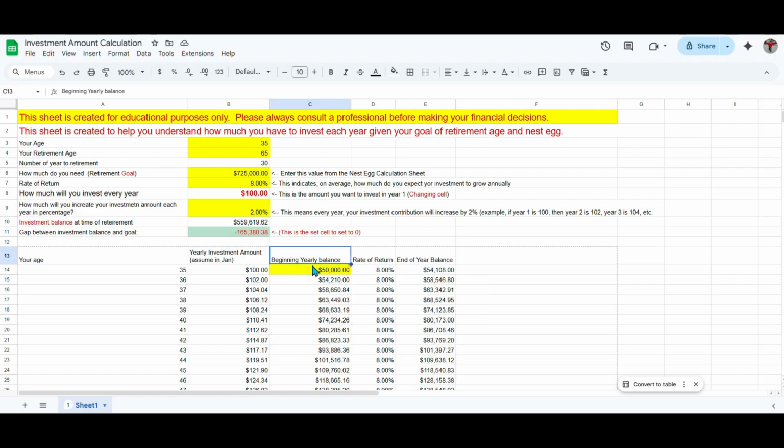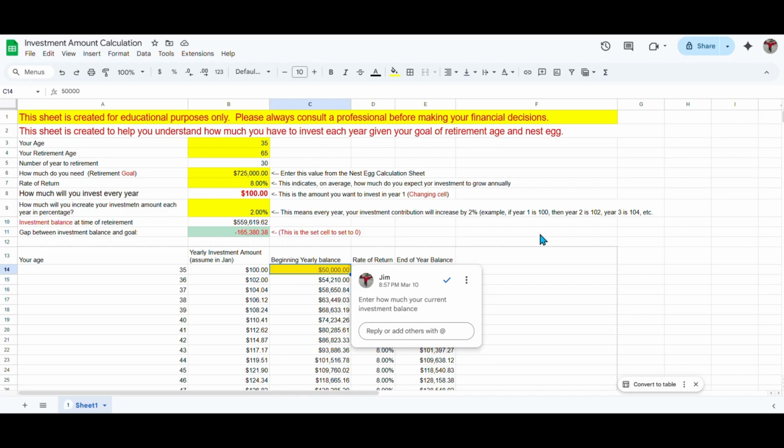The next field that I'm asking here is, what is the balance of your investment right now? If you already have certain investments, you can put it in here. Your current market value, let's say, is $50,000 for our assumption here.